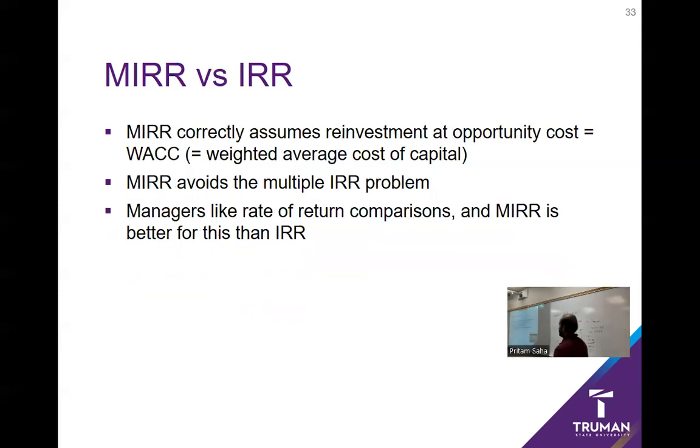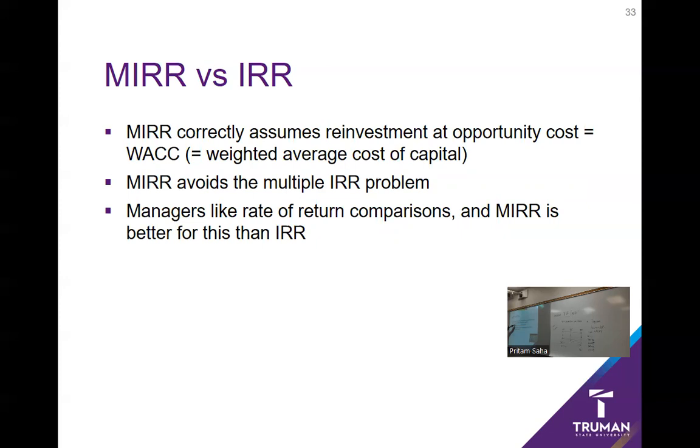One of the good things of modified IRR is that when we are discounting or compounding the cash flows and trying to generate the new version of cash flow, we assume that all of these investments and discounting are at the required rate of return, the cost of capital.